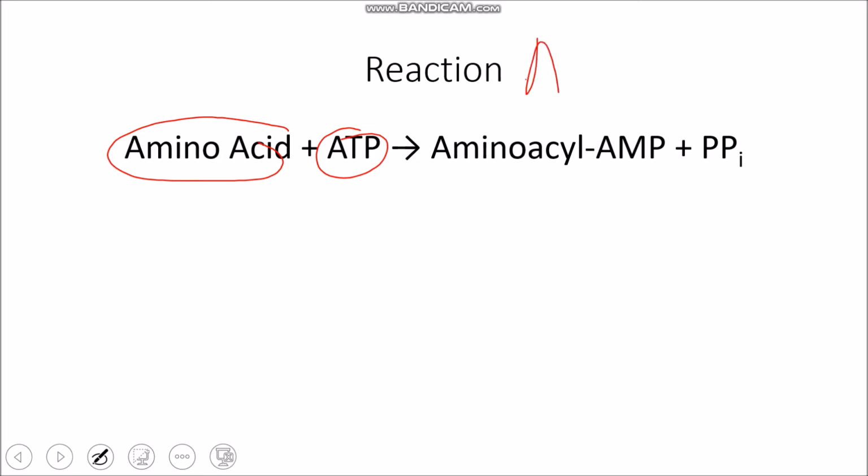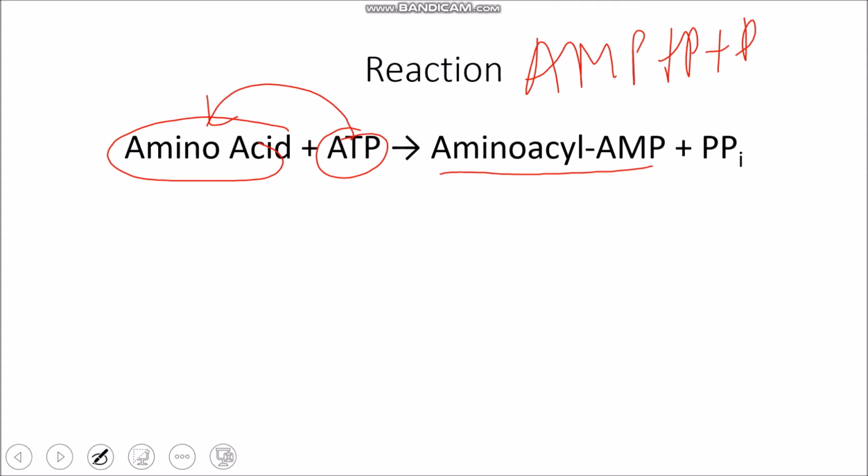ATP is composed of AMP plus P plus P. From this ATP, AMP associates with the amino acid, so we have aminoacyl AMP, and the two phosphates exit in the form of pyrophosphate.